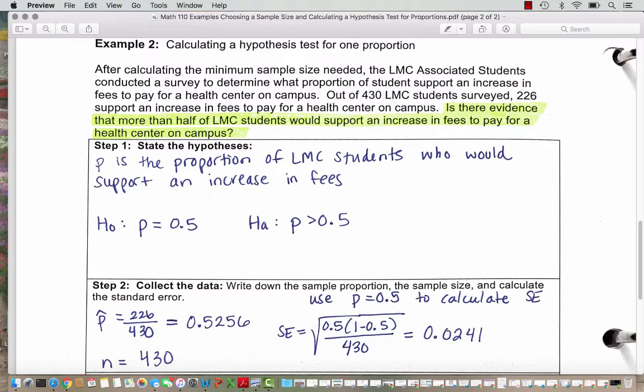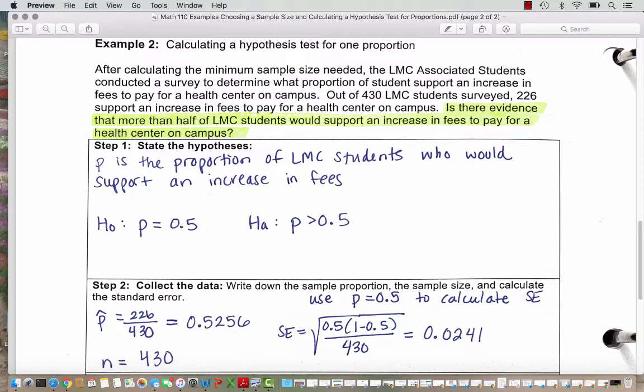Out of 430 LMC students surveyed, so their sample size was bigger than 424, so they used the calculation we just did to make sure they got 424 more students in their survey. Out of the 430 LMC students surveyed, 226 support an increase in fees to pay for a health center on campus. Is there evidence that more than half of LMC students would support an increase in fees to pay for a health center on campus?